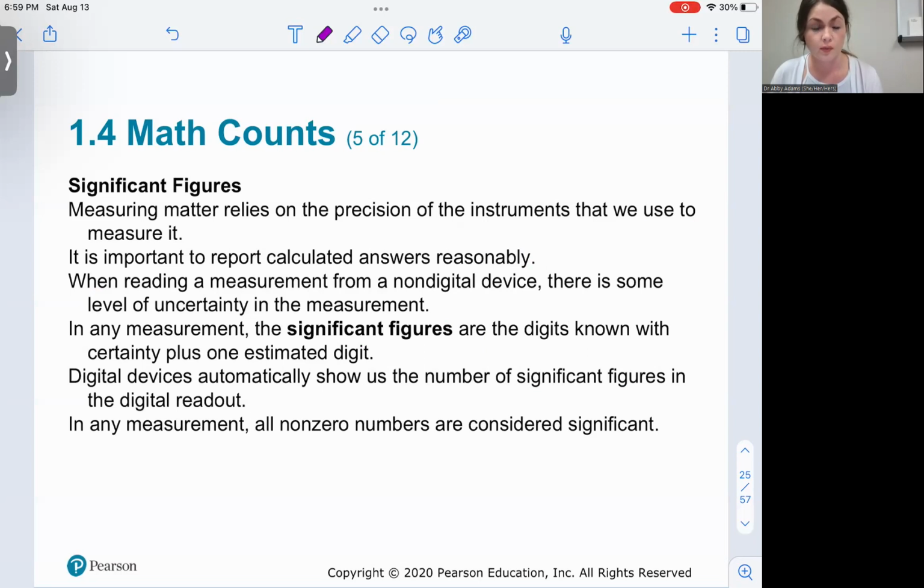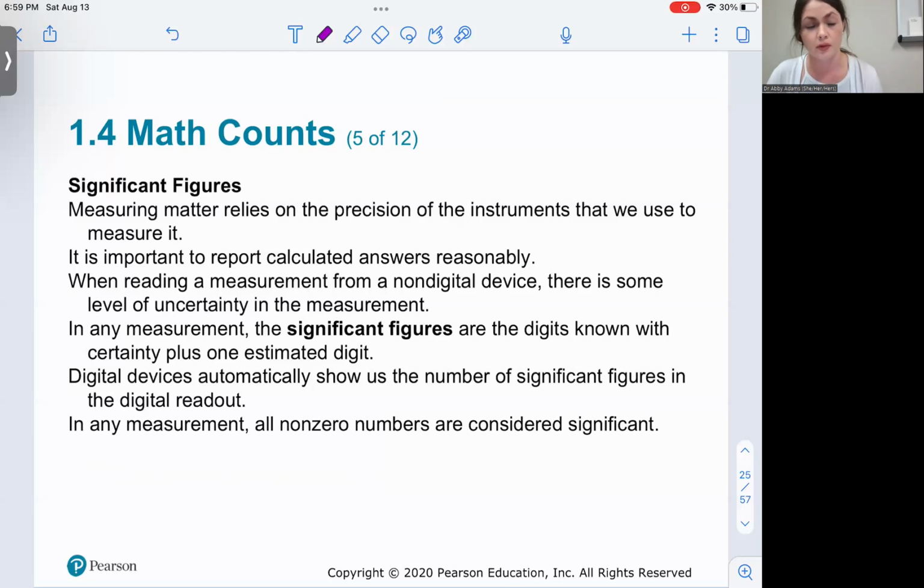For example, if you ran down 3 streets and you said, I ran this many feet, and you wanted to report that to 5 decimal places, that doesn't really make sense. Do you think that precision is really true? It's important to report calculated answers reasonably.